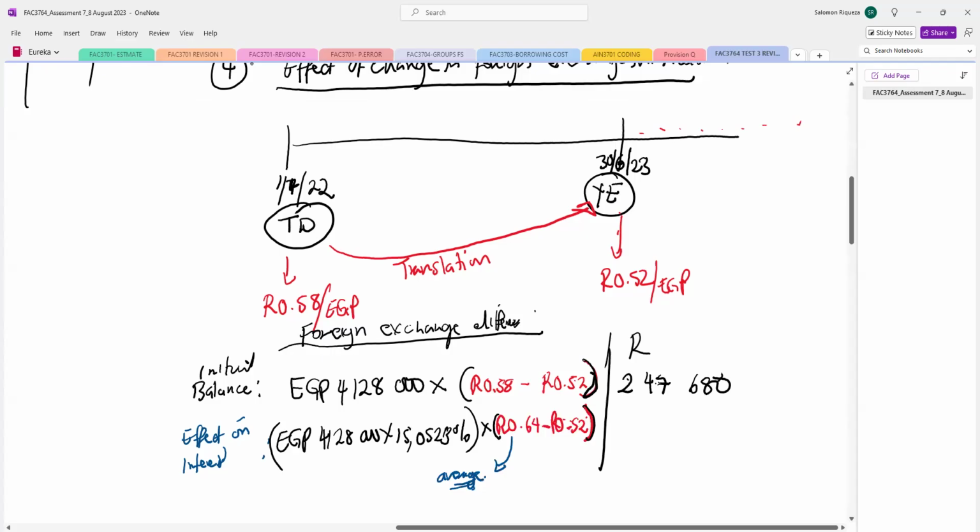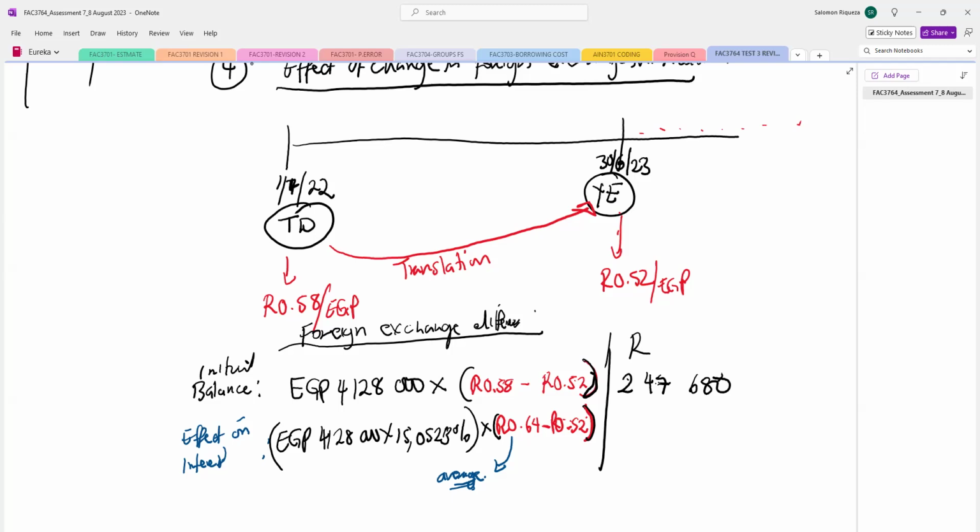And now I'll be able to get the difference. So I would say 4,128,000 multiplied by 15.0523%. Then I'll take that value and multiply by the difference between 0.64 minus 0.52.